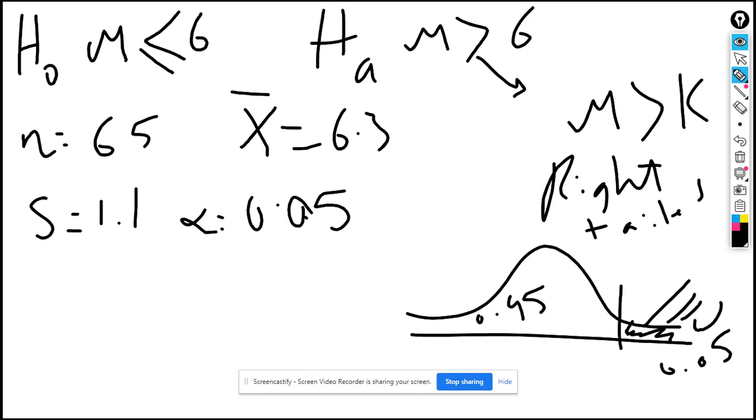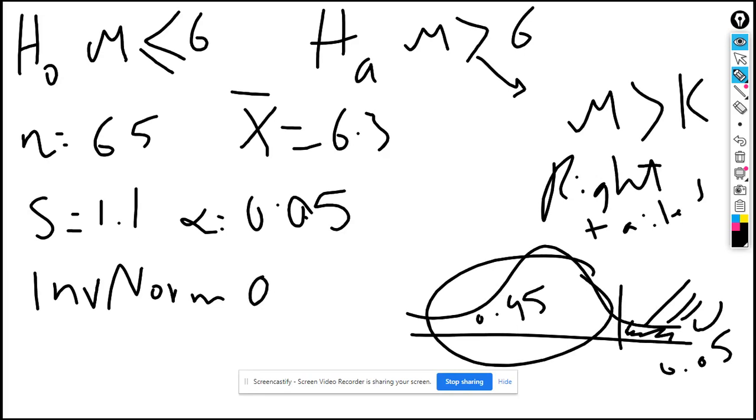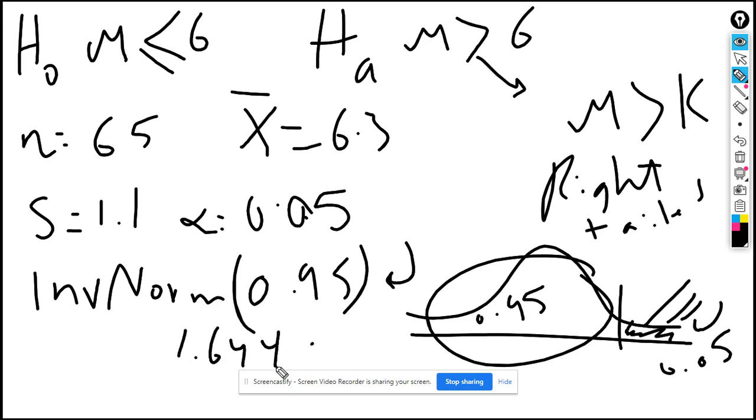Now I want to find the z value using the calculator. I write inv norm, 0.95, enter. It's going to give you almost 1.6448.